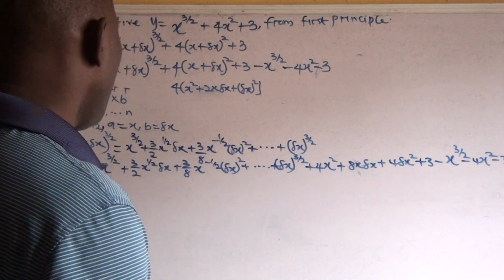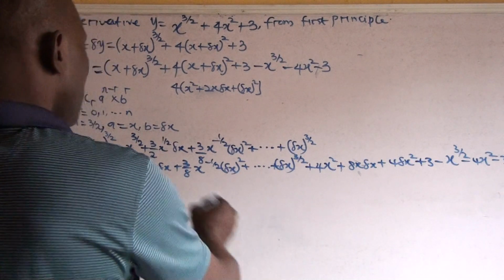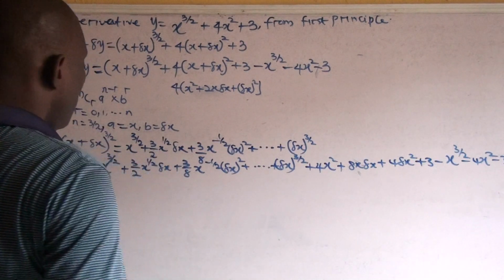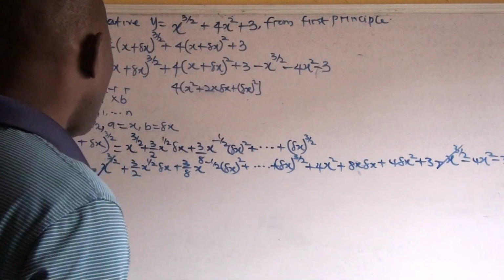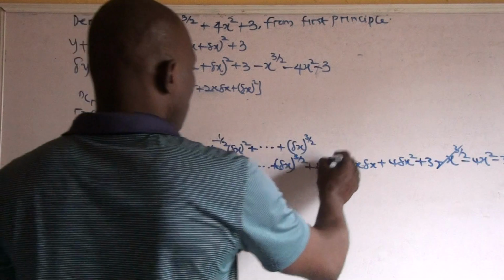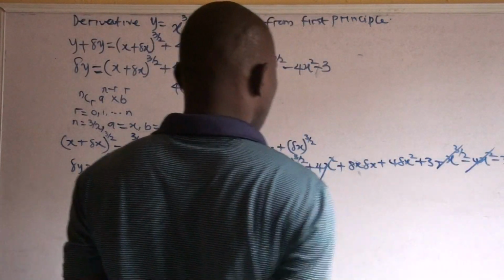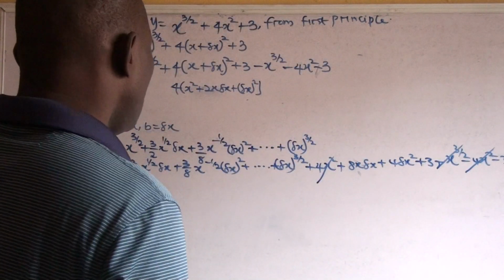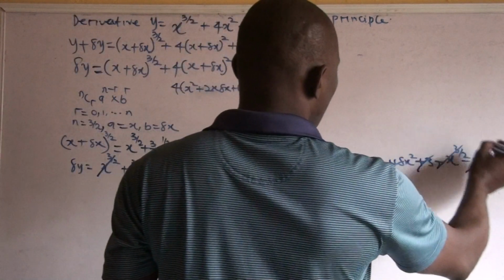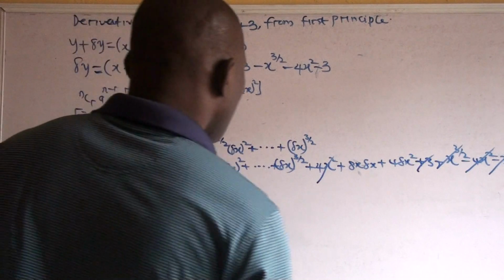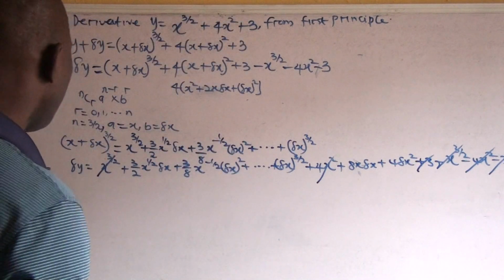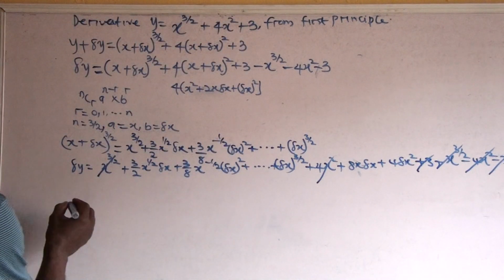So we look at this carefully, you will see that x raised to power 3 over 2 goes off with minus x raised to power 3 over 2. We look at 4x square, we also go off with minus 4x square, and if we look at 3 here, we also go off with minus 3. Now we look at the other remaining variables.